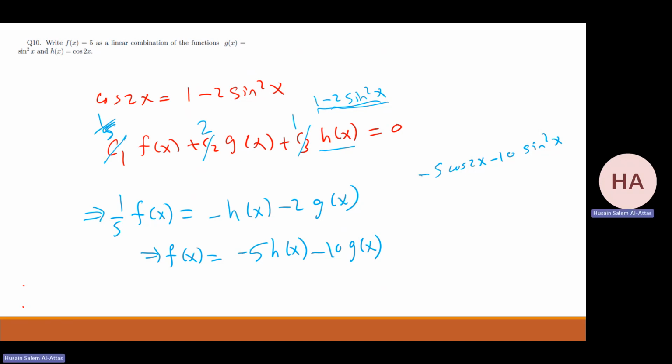Yeah, there is a minus sign missing. Since it's 1, I need minus 1 over 5, so that will be plus, and that will be plus. So we need plus 5 and plus 10. It's good that we checked. So you have 5 minus 10 sine squared x plus 10 sine squared x, and that is equal to 5. So it's correct.